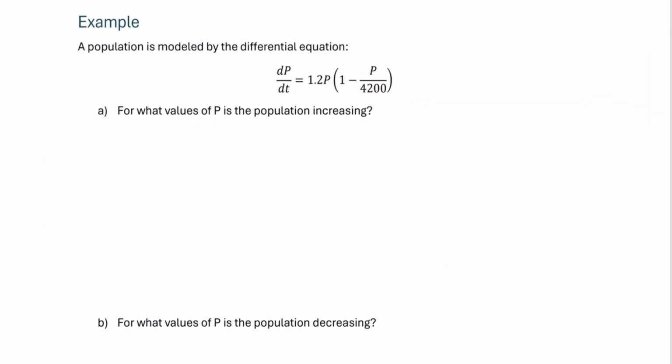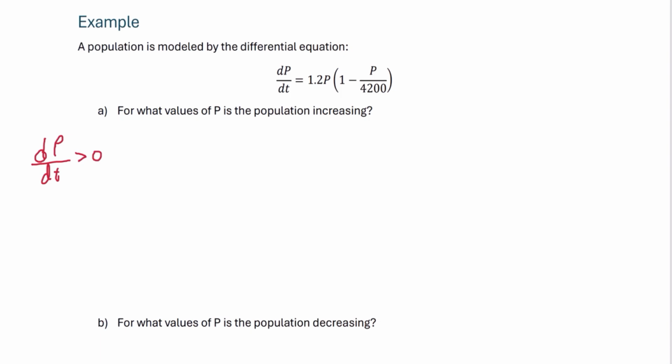Now we'll look at a simple application. A population is modeled by the differential equation given. For what values of p is the population increasing? In other words, when is dp dt greater than 0? When is it increasing?